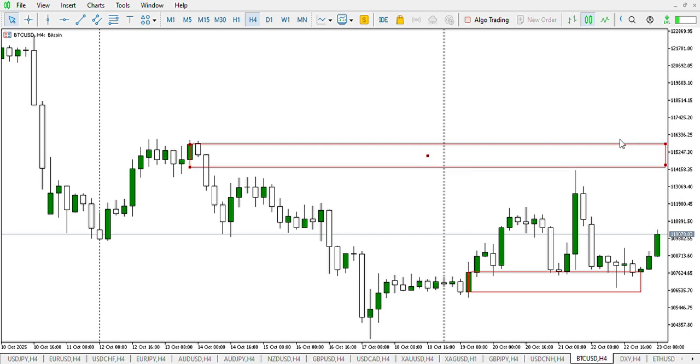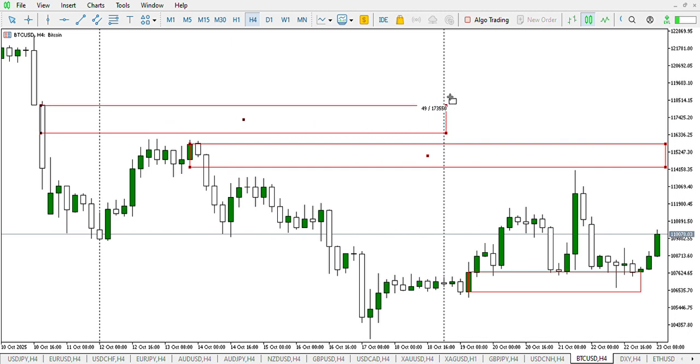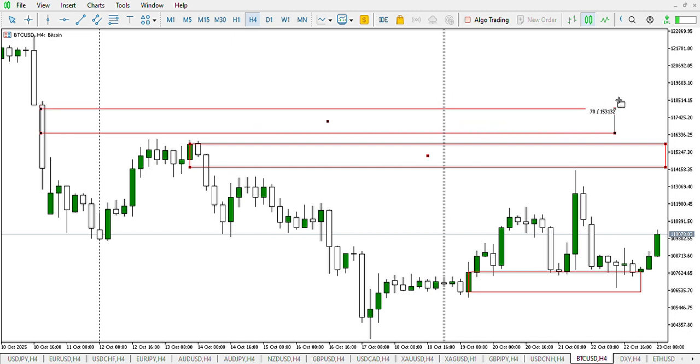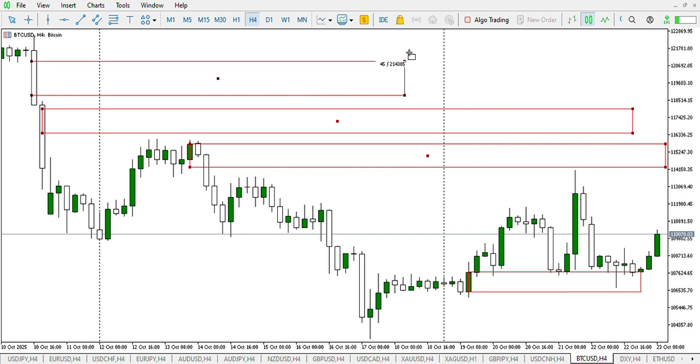And if the resistance fails, you can expect price to come back to either of these two fair value gaps, as we have a fair value gap here. And we have another fair value gap right here. So these are the likely zones where we are going to have price drawing to. So that is all for all.